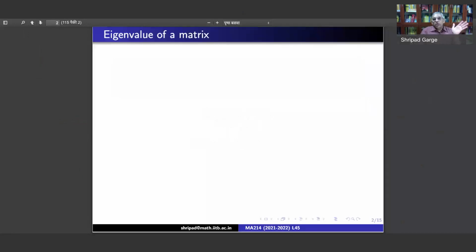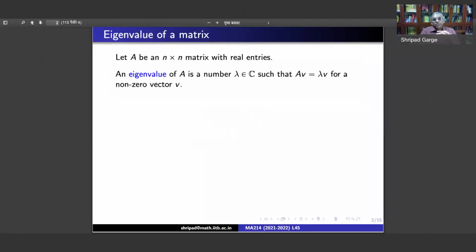Let me just recall the definition of an eigenvalue. Suppose we start with an n by n matrix A with real entries. Then an eigenvalue of this matrix A is a complex number lambda such that A times some non-zero vector V is lambda times that non-zero vector. The concept of an eigenvalue requires the notion of that eigenvector.